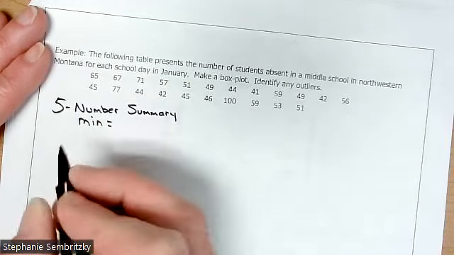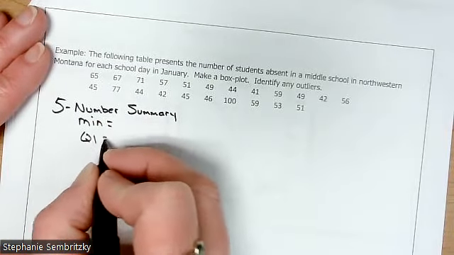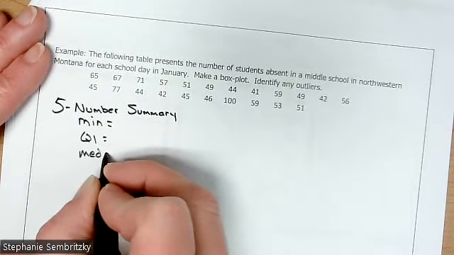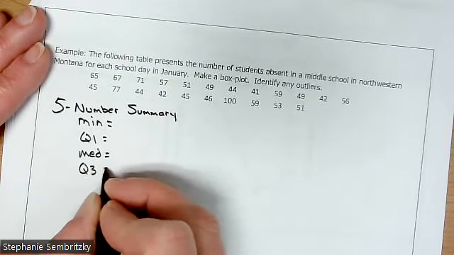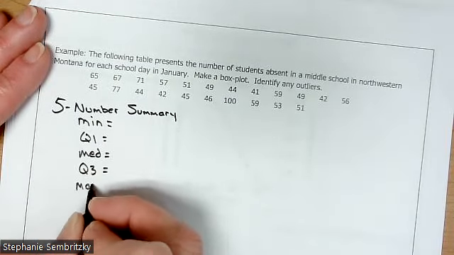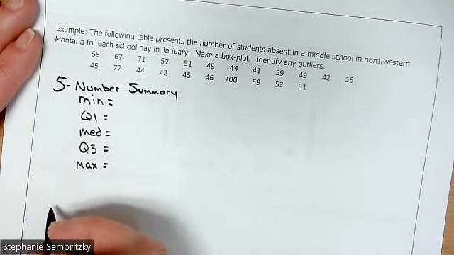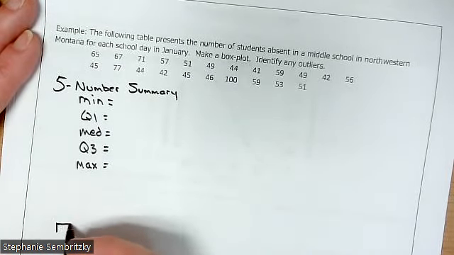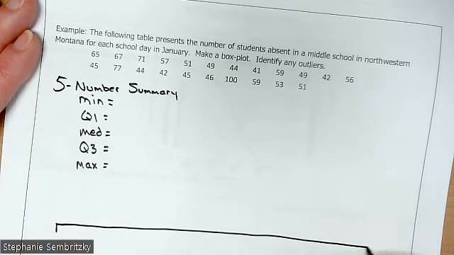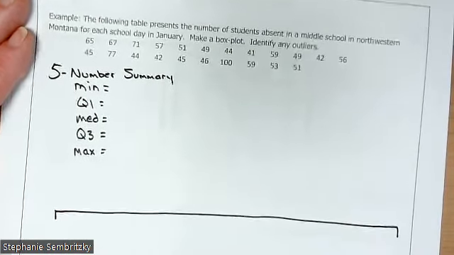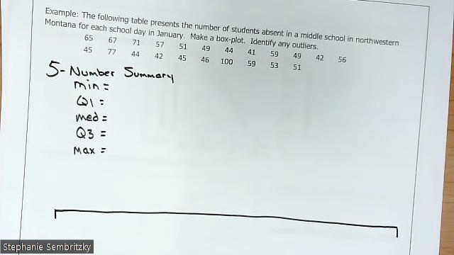And we need to find our min, Q1, median, Q3, and the maximum. That's going to give me my numbers to make my box and whisker plots.